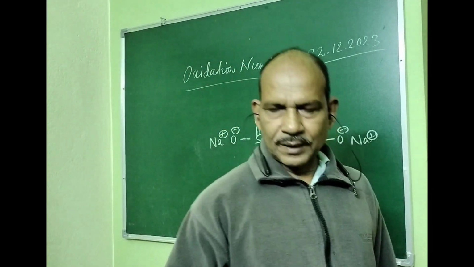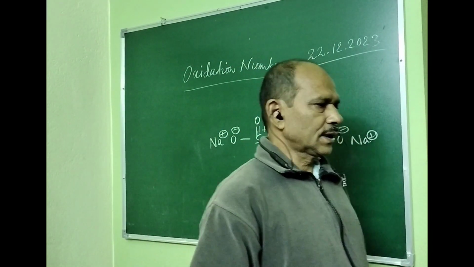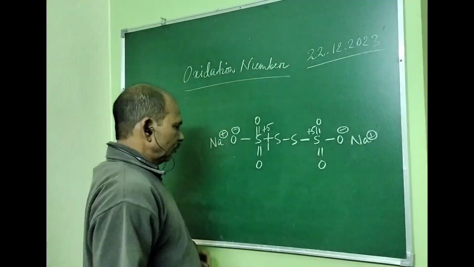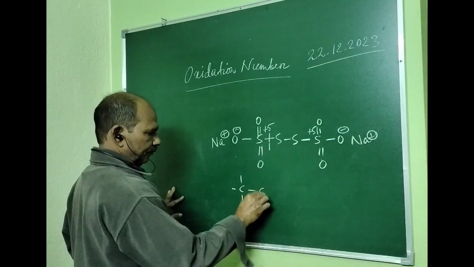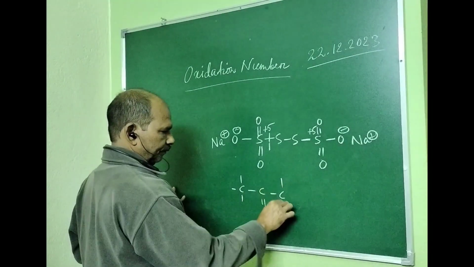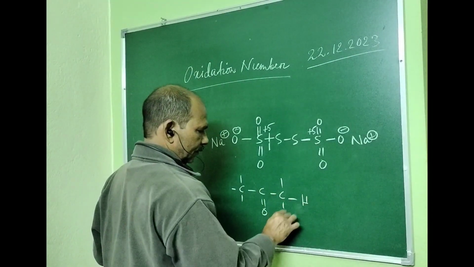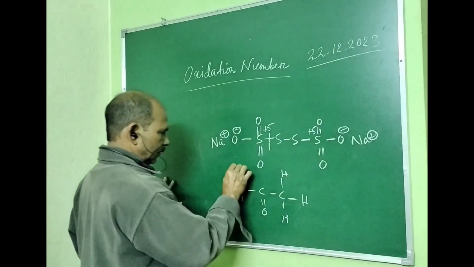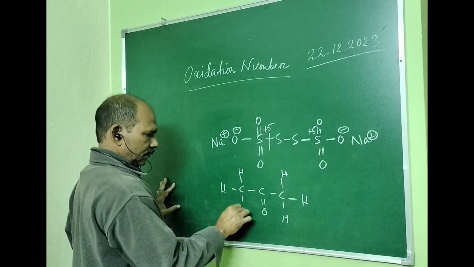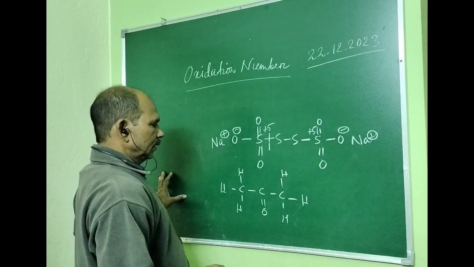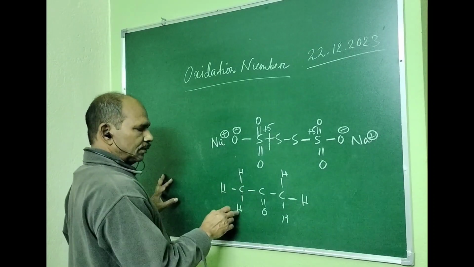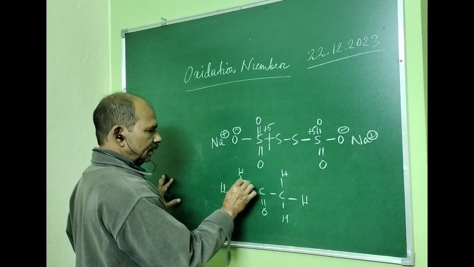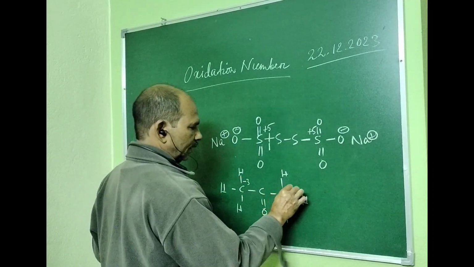In organic compounds, you have to draw the structure. Suppose acetone. The oxidation number of this carbon, hydrogen is plus 1, so minus 3. This also minus 3.